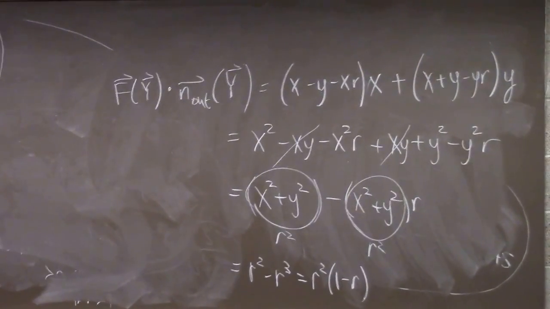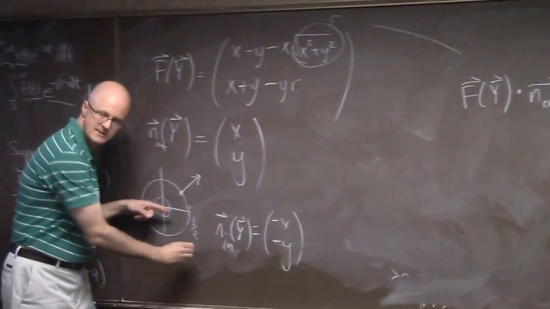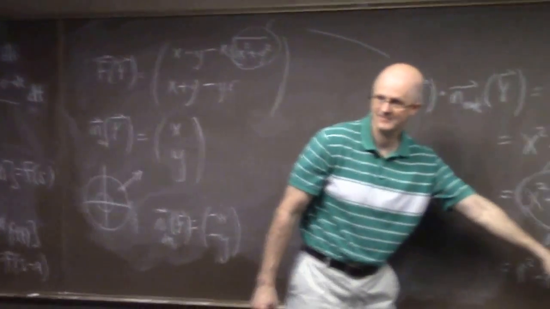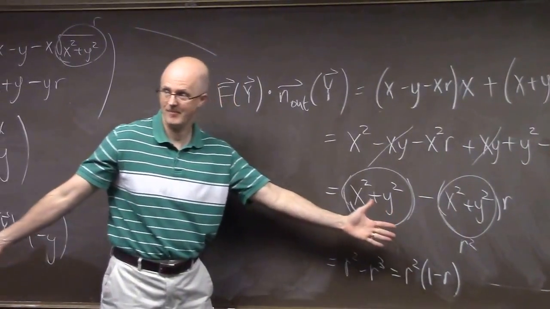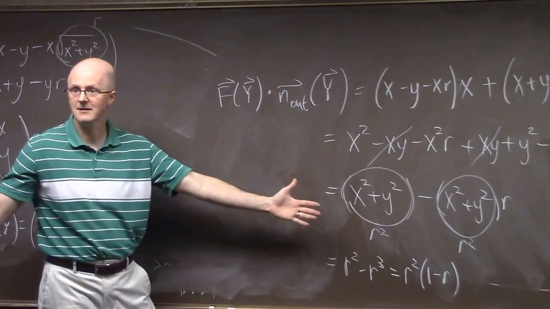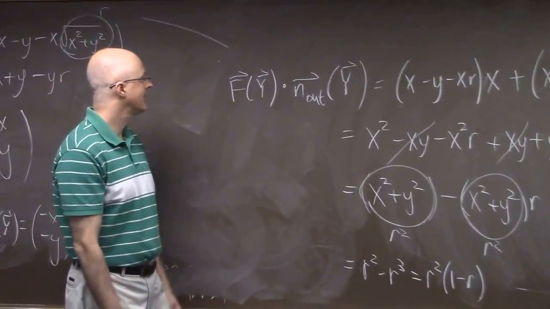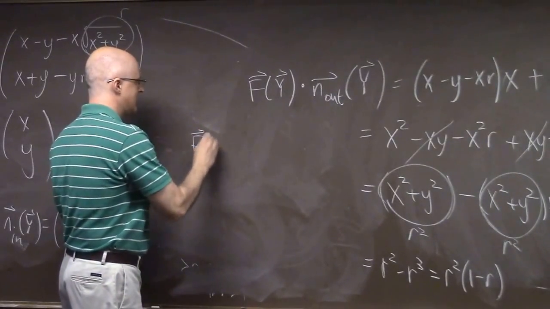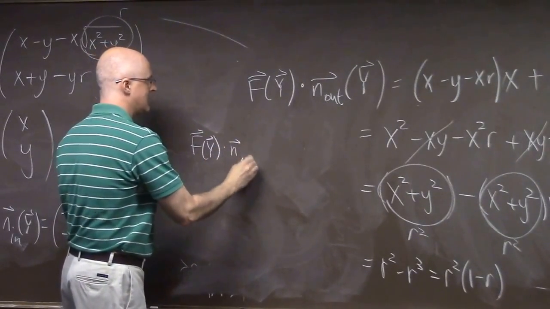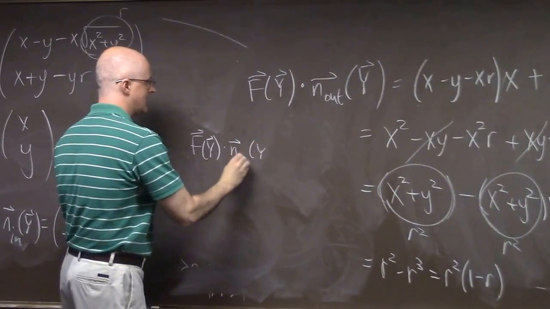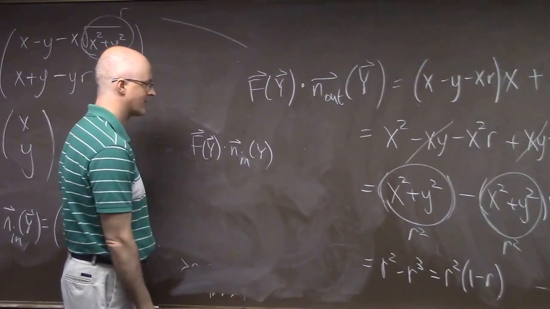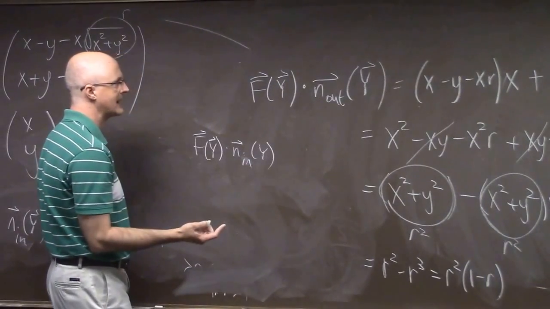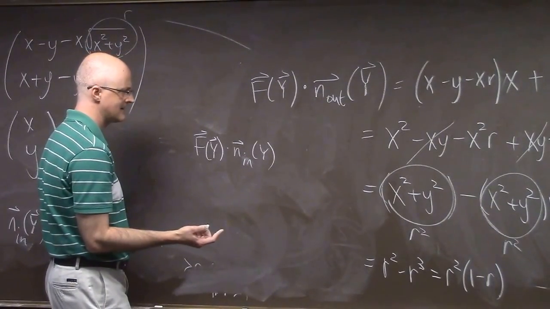Along the outer boundary, r is 3/2. When r is 3/2, this thing is negative. Done, for the outer boundary. If you do it for n in, you're going to get the same thing except with a minus sign.